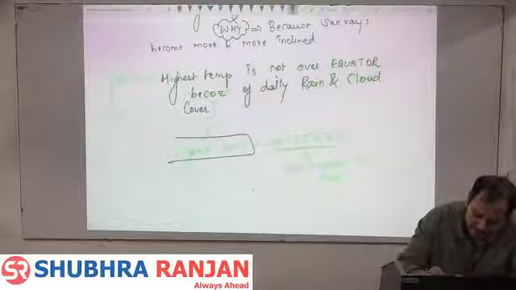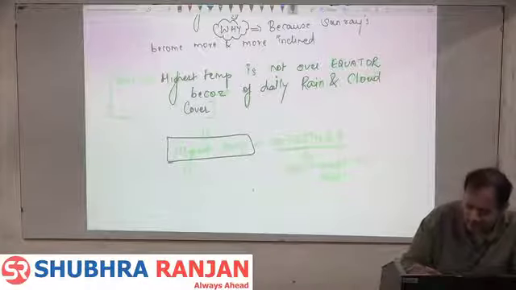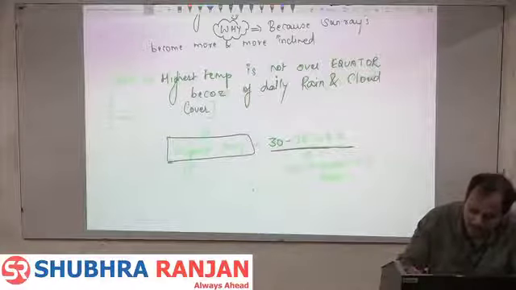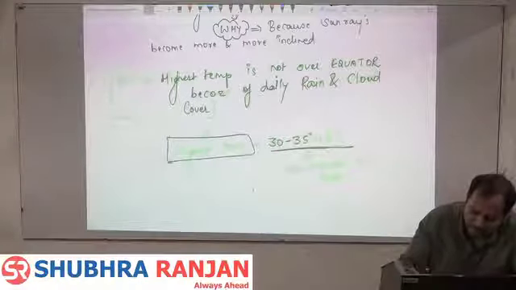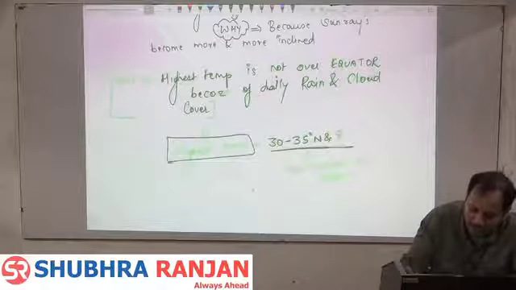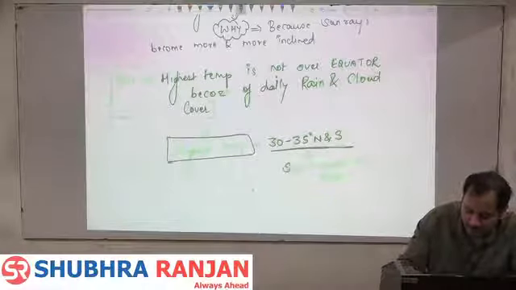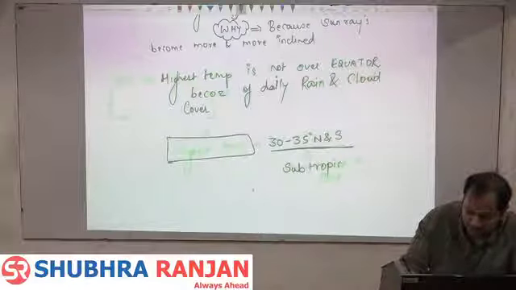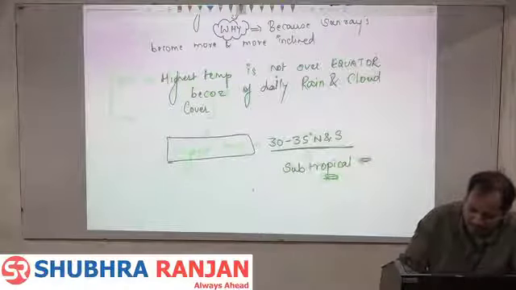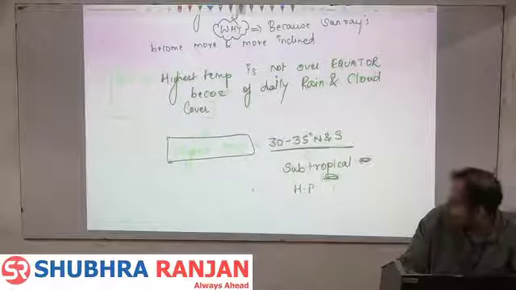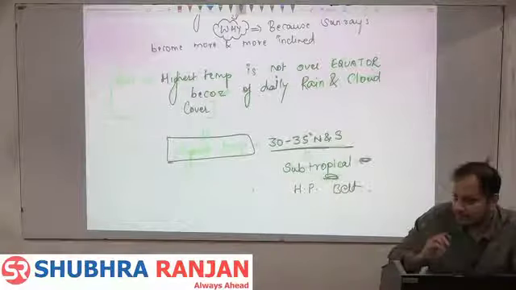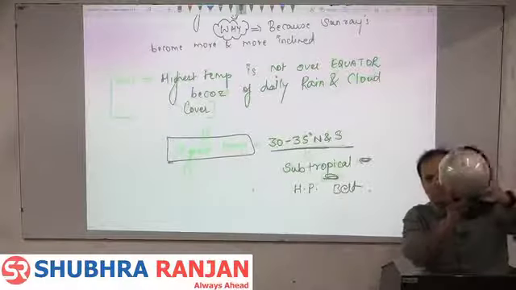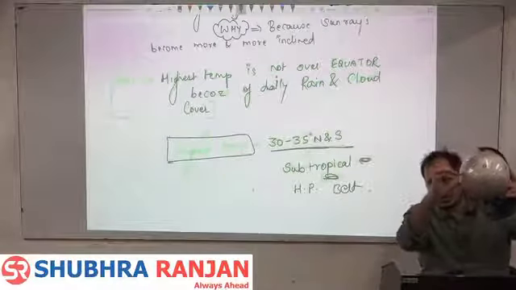So the highest temperature is between just to the north and the south of the equator, 30 to 35 degree north and south, which is known as subtropical high pressure belt, जिसको हम कहेंगे.